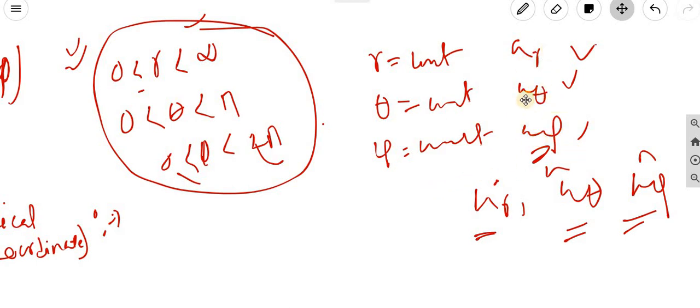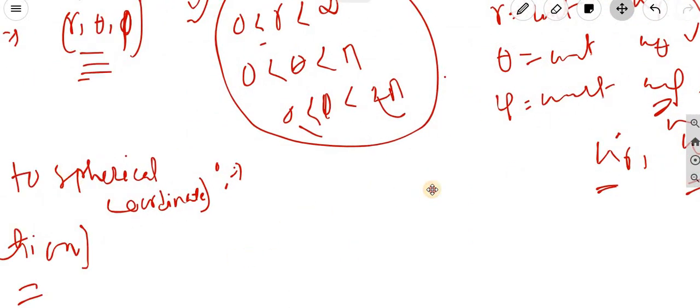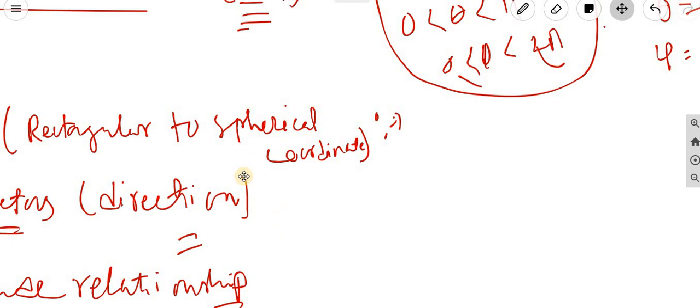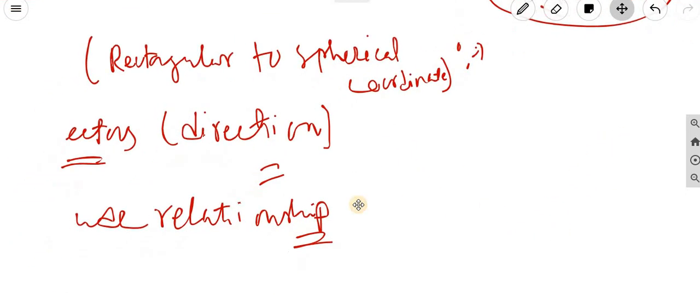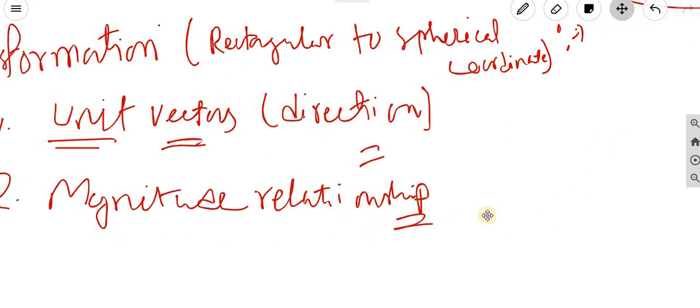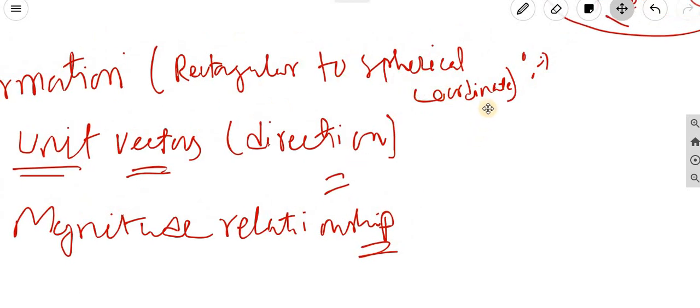What would be the components of a r in the rectangular coordinates, in terms of ax, ay, az? And what would be the magnitude relationship between the spherical and rectangular coordinates, and the vector direction relationship between the spherical and cylindrical coordinates?